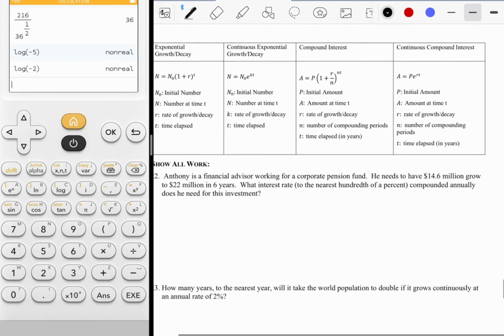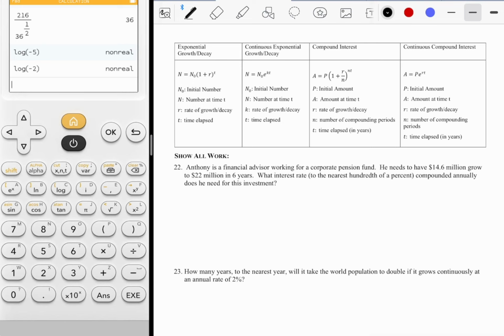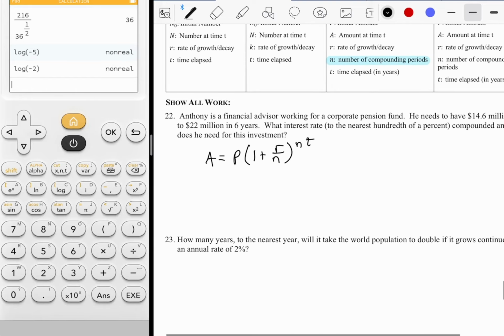All right. So compounded annually, number of compounding periods. All right. So I'm going to use A equals P times 1 plus R over N to the NT power. These other ones don't reference money. So it's one of these two, but because it's compounded on particular intervals, it has to be this one. All right, so we want it to end up being 22.